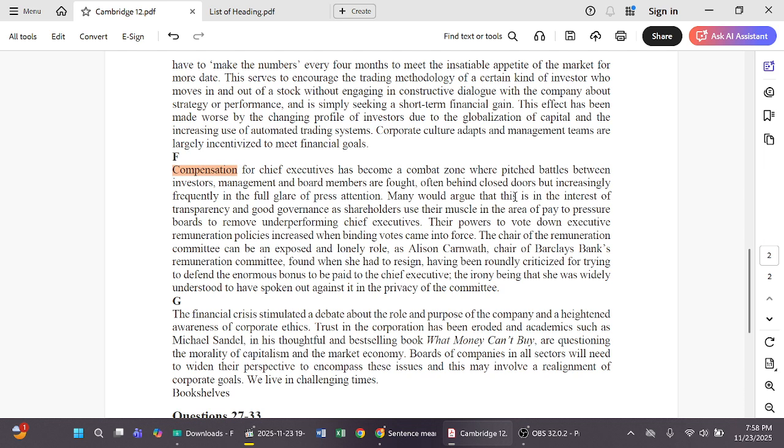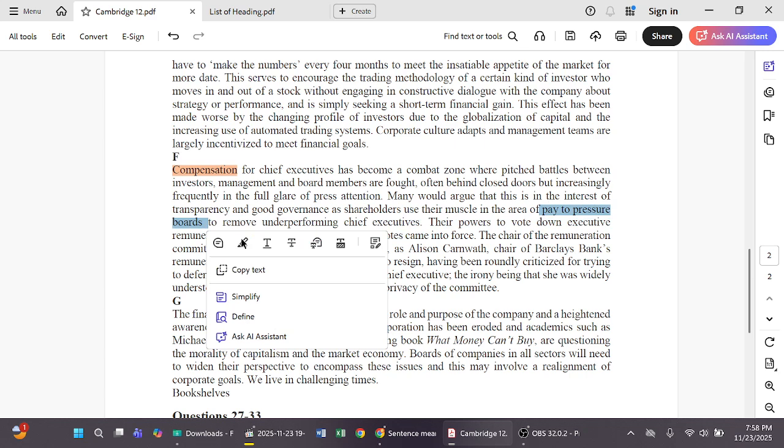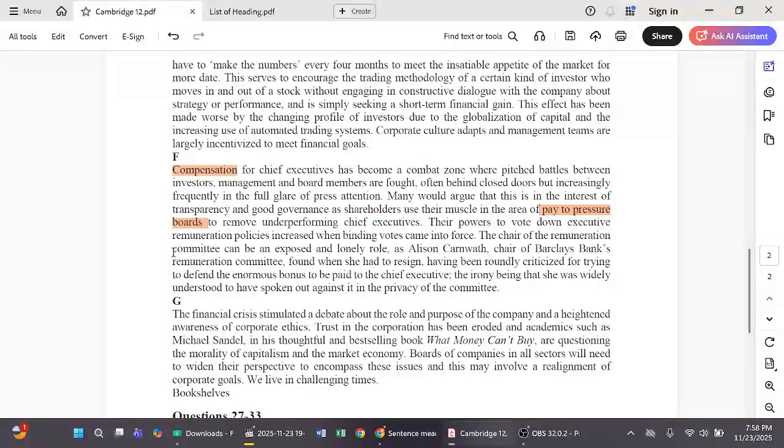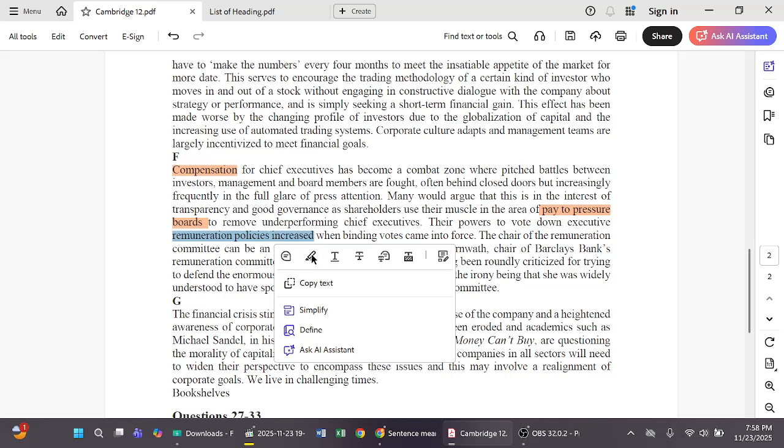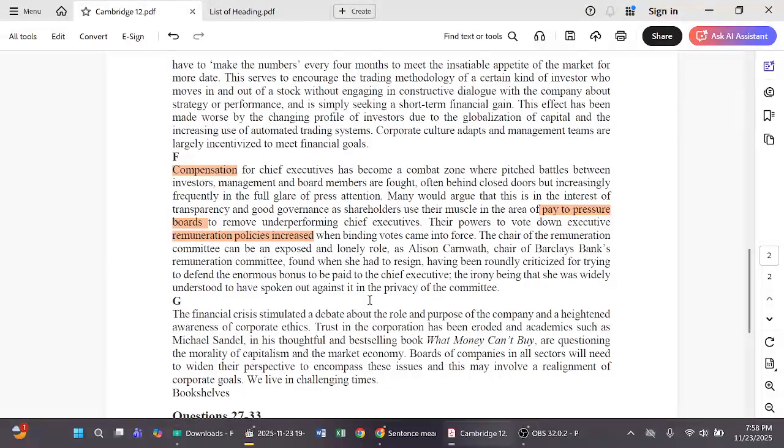So many would argue that this is in the interest of transparency and good governance, as shareholders use their muscle in the area of pay to pressure boards to remove underperforming chief executives. Okay, so they have powers to vote down executive remuneration policies. So this is the passage where we can relate something: they are fighting over wage or compensation or money, and there also exists disagreement.